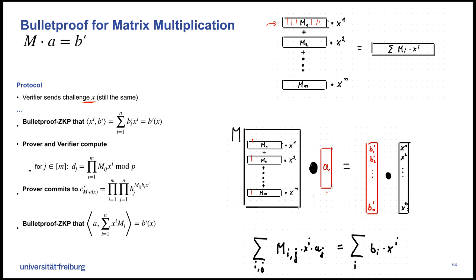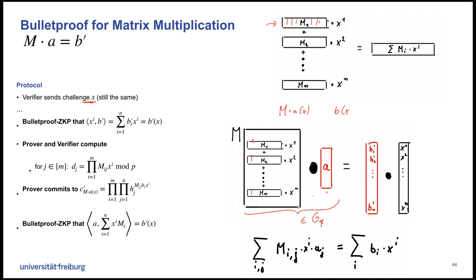So you do the dot product of the left side, and you get a polynomial characterizing MA of x, and you get a dot product on the other side, B of x. So this whole thing here is, again, a value from G_q, one value which characterizes the whole matrix product.